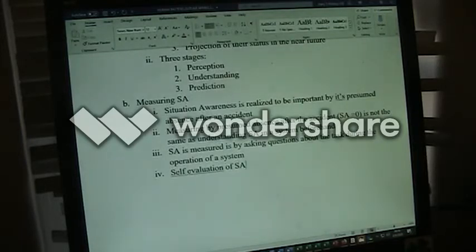Self-evaluation of situation awareness is used and scaled from 1 to 10, but this is a weak way of measuring it. What can you do?